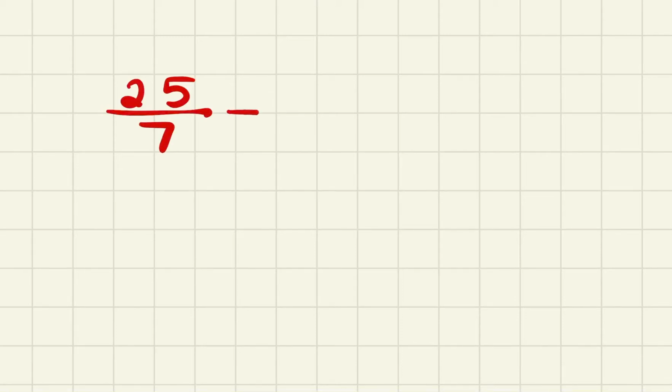Okay. So remember, every fraction is a mini division problem. 25 over 7 is the same thing as 25 divided by 7. So if we set up a little division problem, 25 divided by 7, 7 goes into 25 how many times without going over?